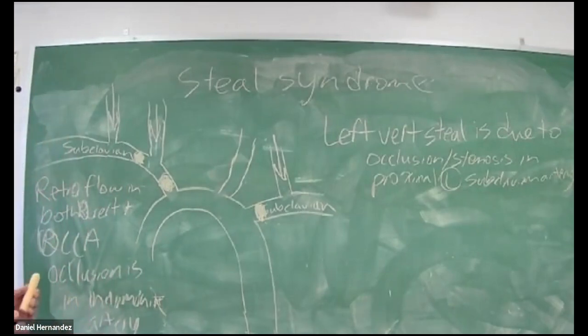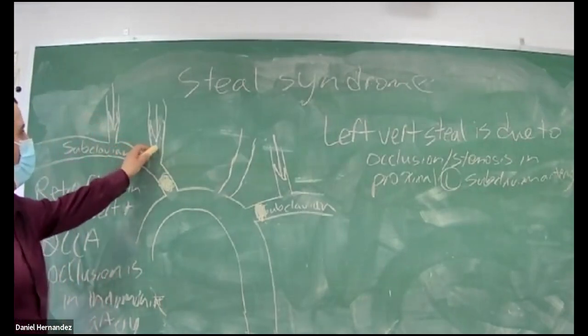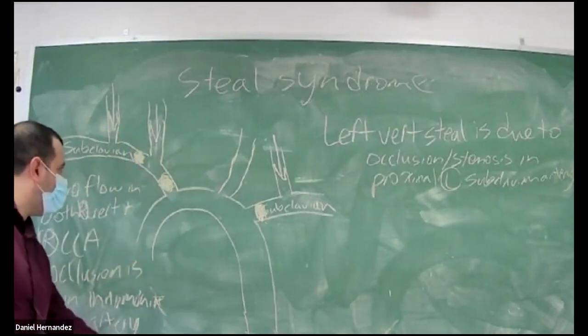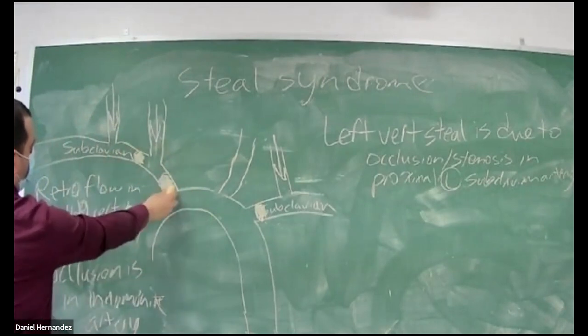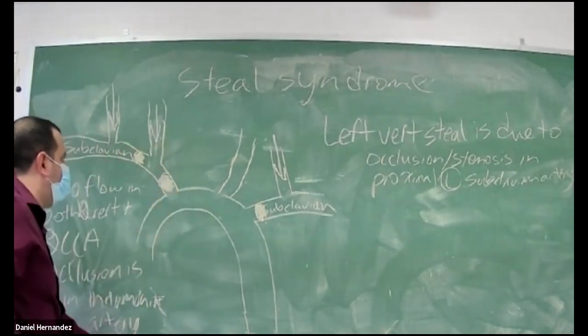So retrograde flow in both vertebral and CCA: the occlusion is going to be more central, more proximal to both of those vessels. So it's going to be in the right innominate artery.